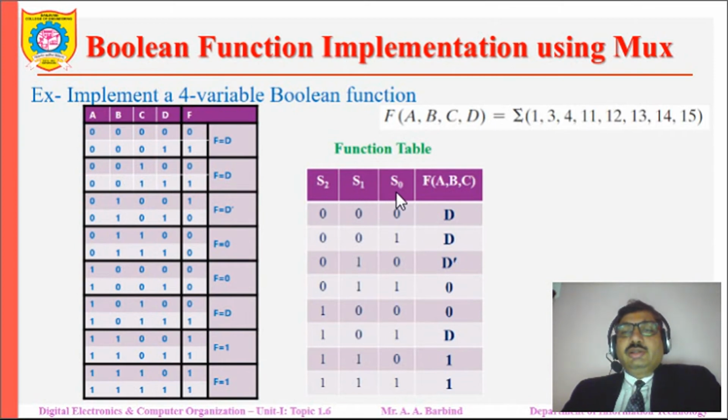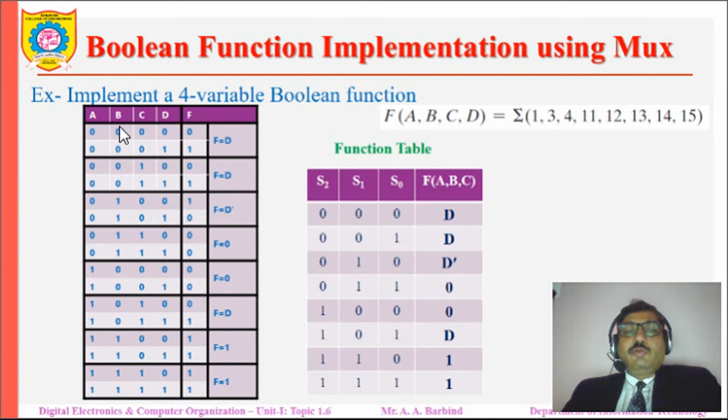So we take an 8 is to 1 multiplexer, and to that we give the inputs from 000 to 111. So when input is 000, now look at this particular function table. When input is abc, this s2 s1 s0, we take it as abc.